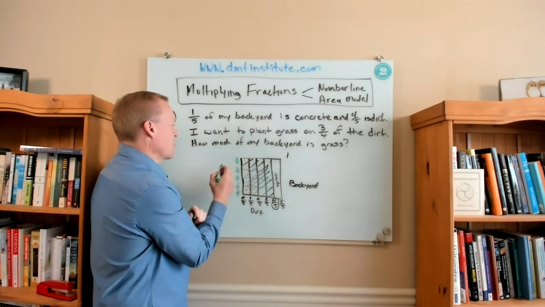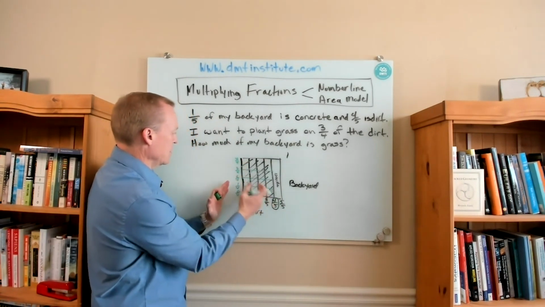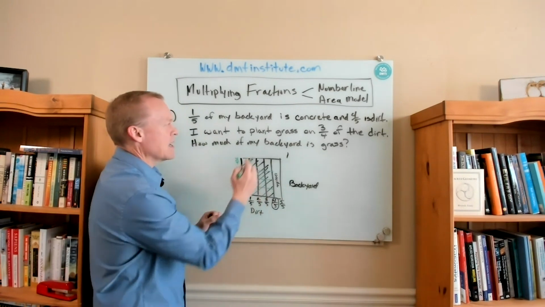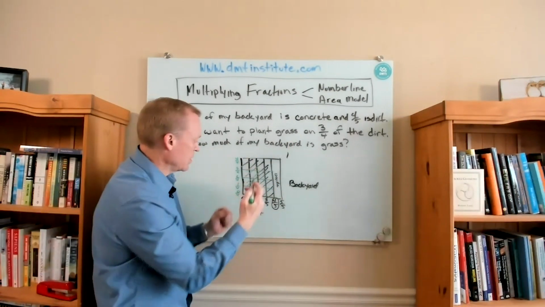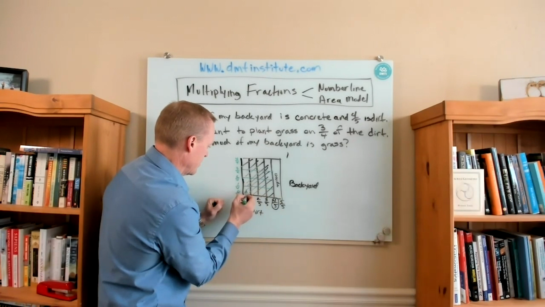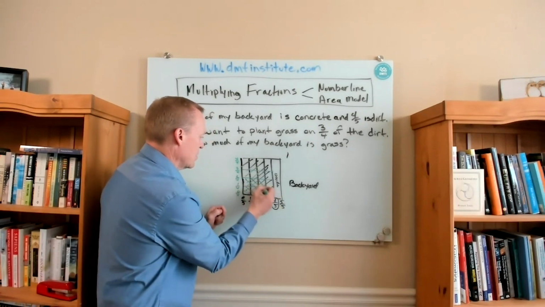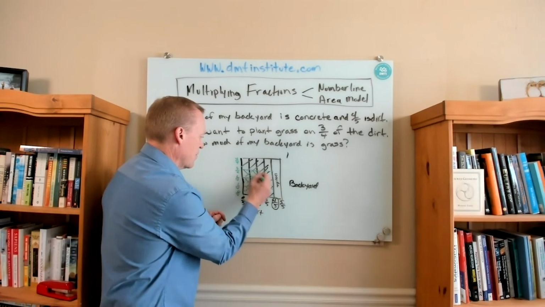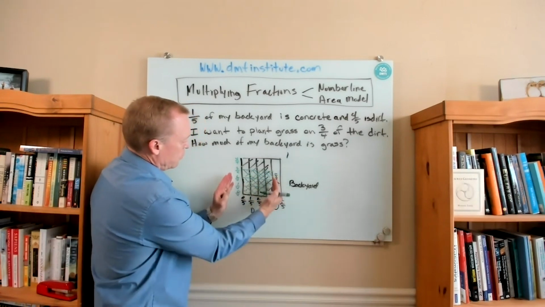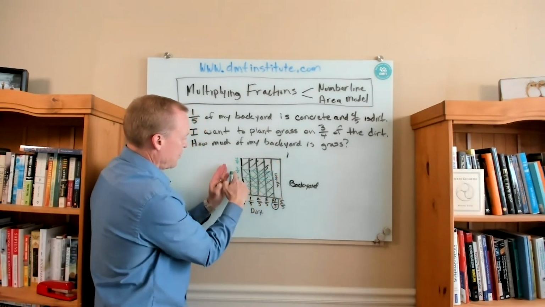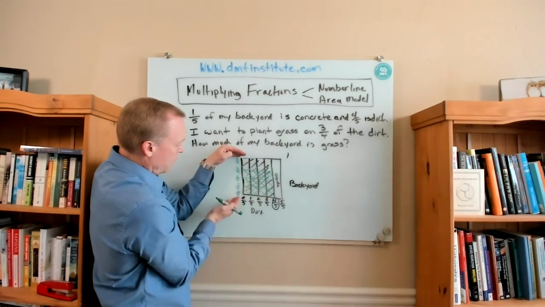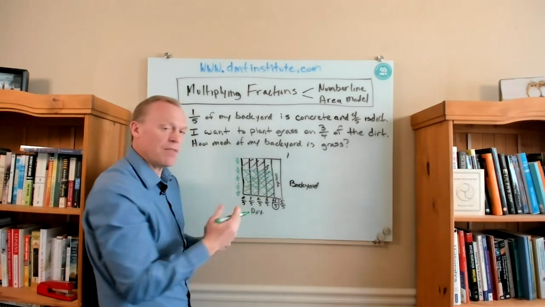This is the dirt, and this is our grass. I have 3/4 of this is going to be grass. There's 1/4 of the dirt, 2/4 of the dirt, 3/4 of the dirt. So this is representing 3/4 of the 4/4 of dirt here that I have.